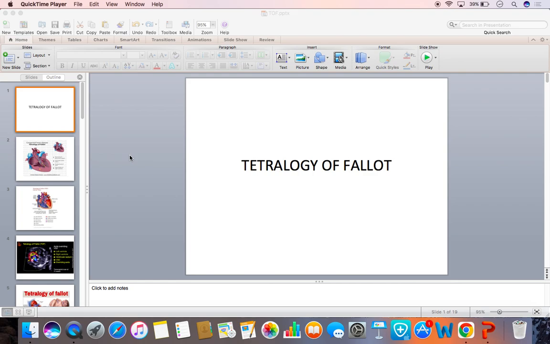These spells are more common between 2 to 4 years of age or earlier in babies with mild to moderate degree of tetralogy of Fallot, because these babies fail to develop the compensatory mechanism of polycythemia as the anomaly is mild.